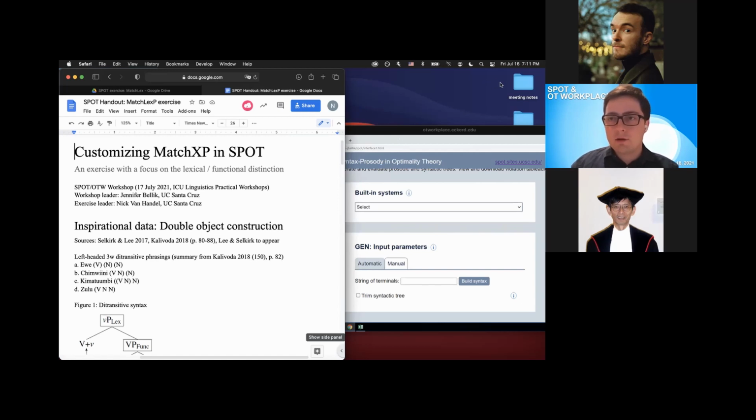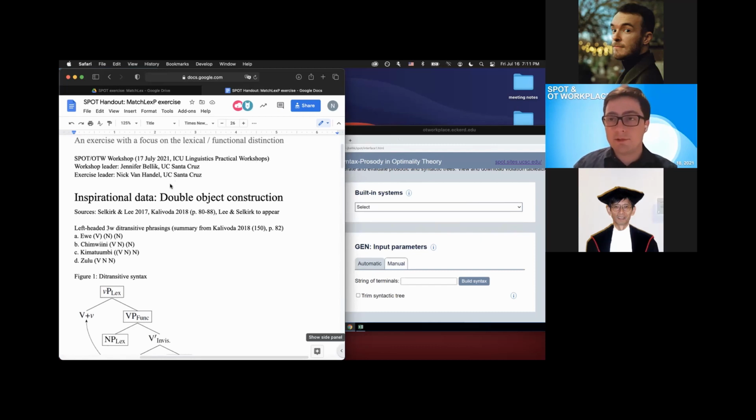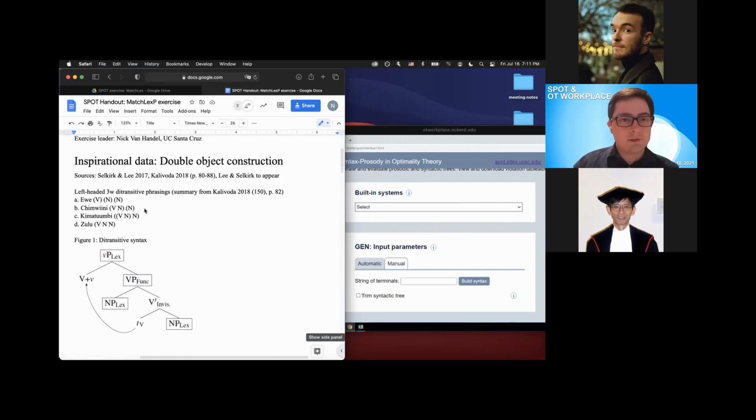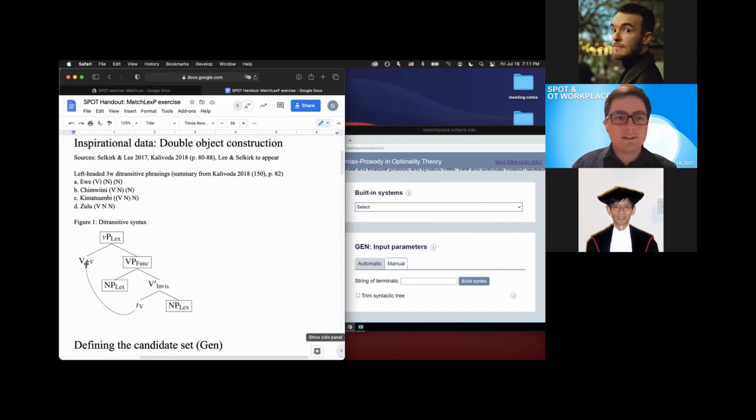Basically what we're going to do is take a look at the double object construction. So this is sentences like, give Junko a book, where you have a verb and then two nouns, a theme and a goal.